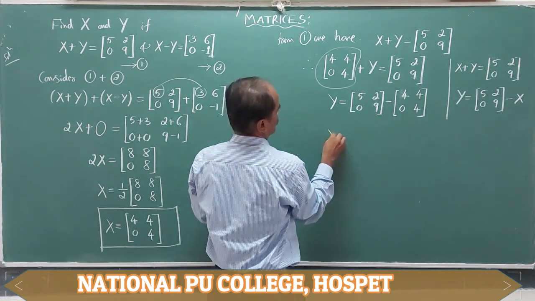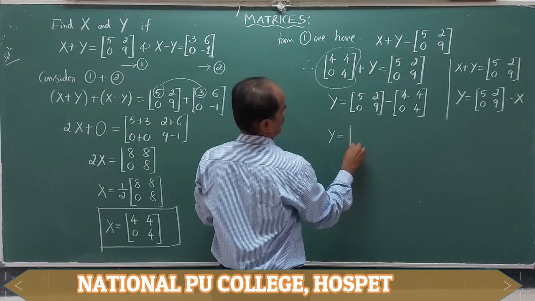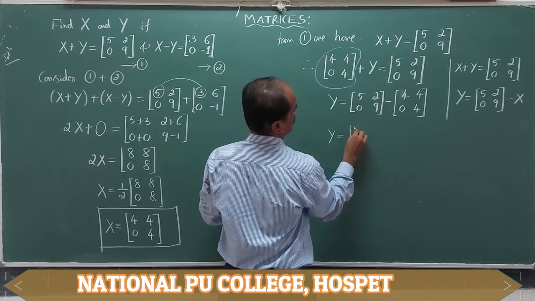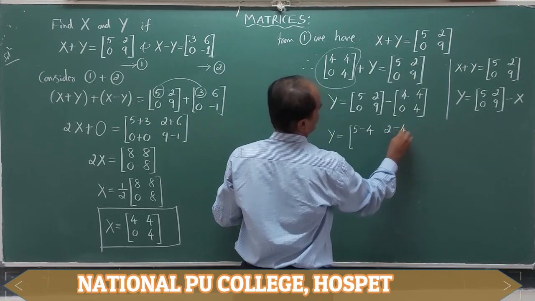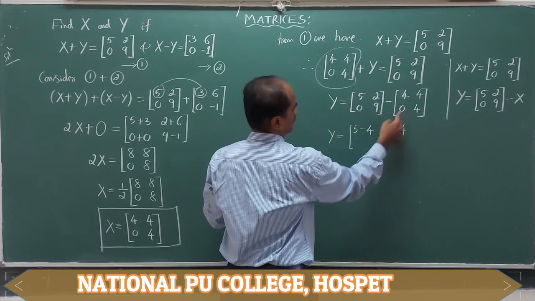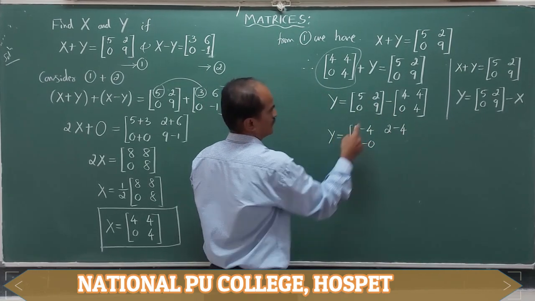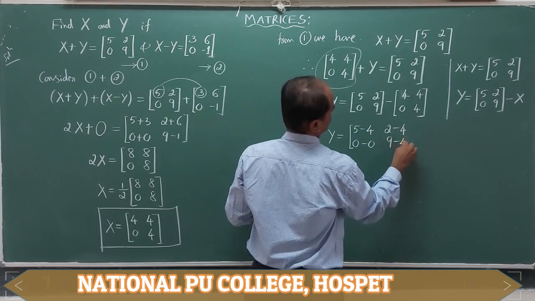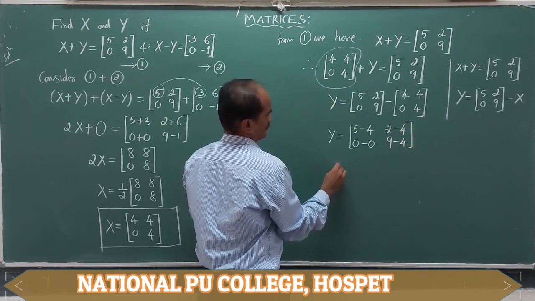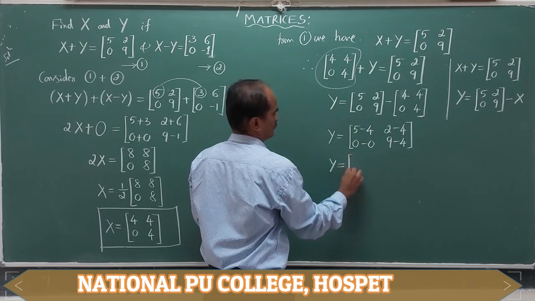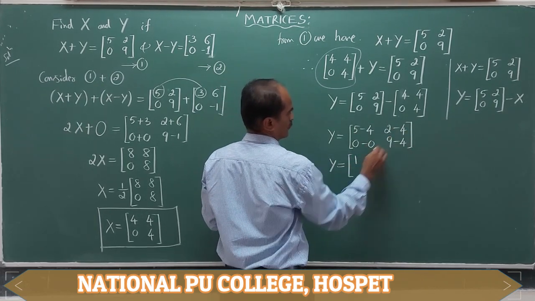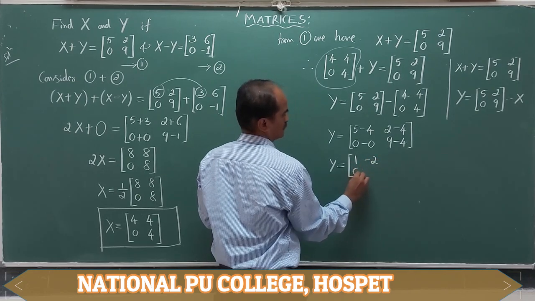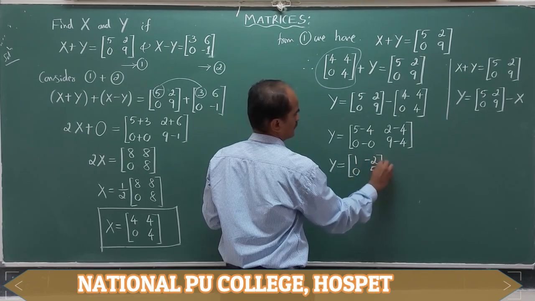Now Y equal to 5 minus 4, 2 minus 4, we are subtracting, taking the difference, 0 minus 0, 9 minus 4. Therefore, matrix Y equal to 1, minus 2, 0, 5.